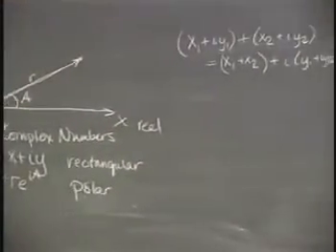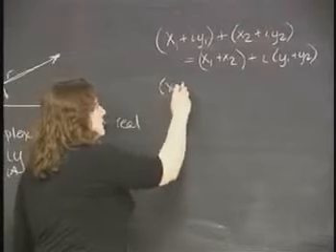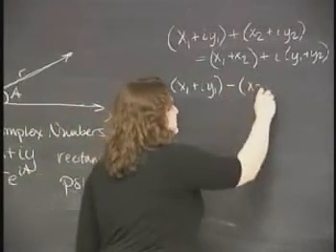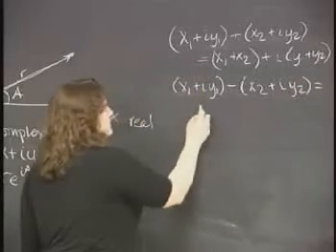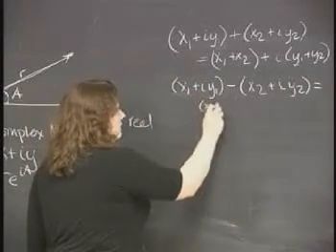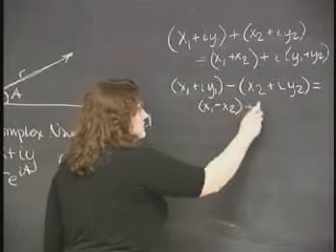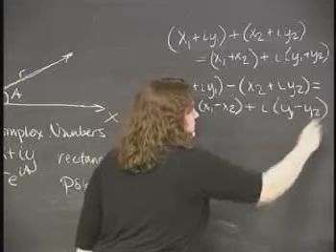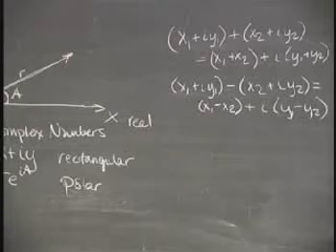Similarly, subtraction is also going to be easier when we're in rectangular format. x1 plus iy1 minus x2 plus iy2 is going to be equal to x1 minus x2 plus i times y1 minus y2. So that's addition and subtraction of complex numbers if we're using rectangular.